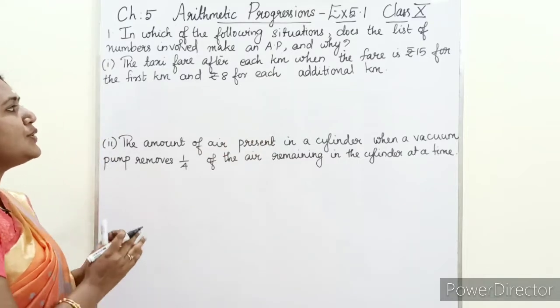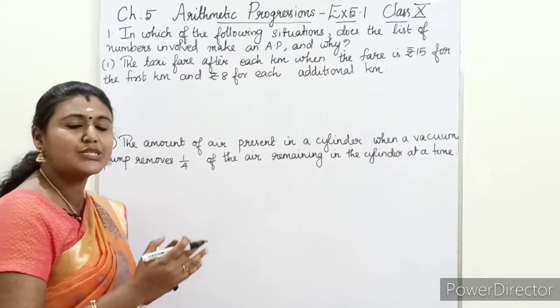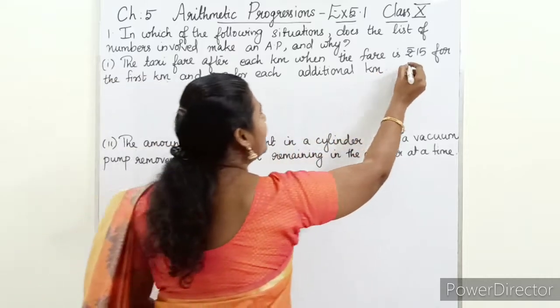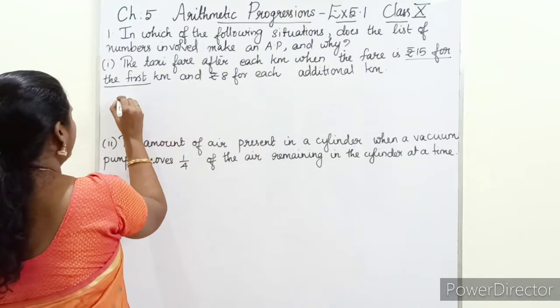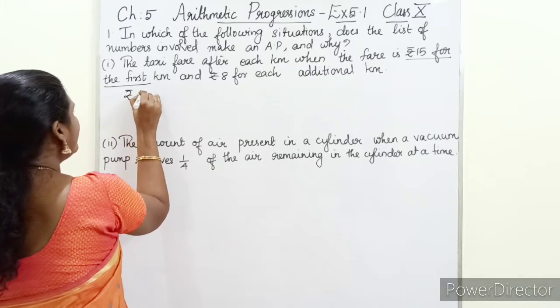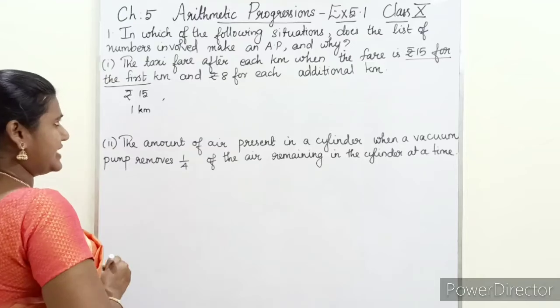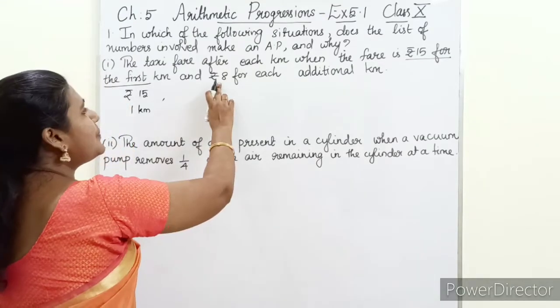So here you have to find out the taxi fare, and check whether this list of numbers is an AP or not. For the first kilometer, the taxi fare is rupees 15, and for each additional kilometer rupees 8.